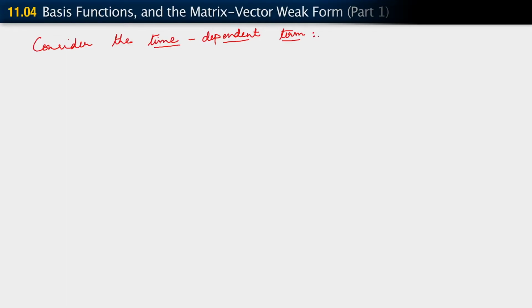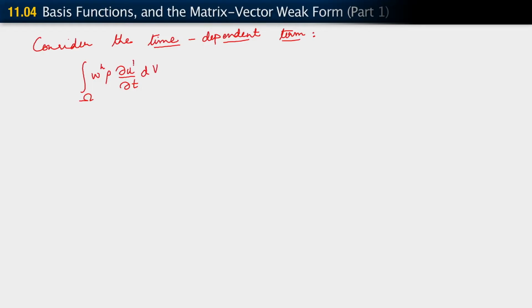The time-dependent term is this one: integral over omega WH, there is no comma here, that's the whole point, WH rho, partial time derivative of u, dv. Okay, this is the one we need to consider.